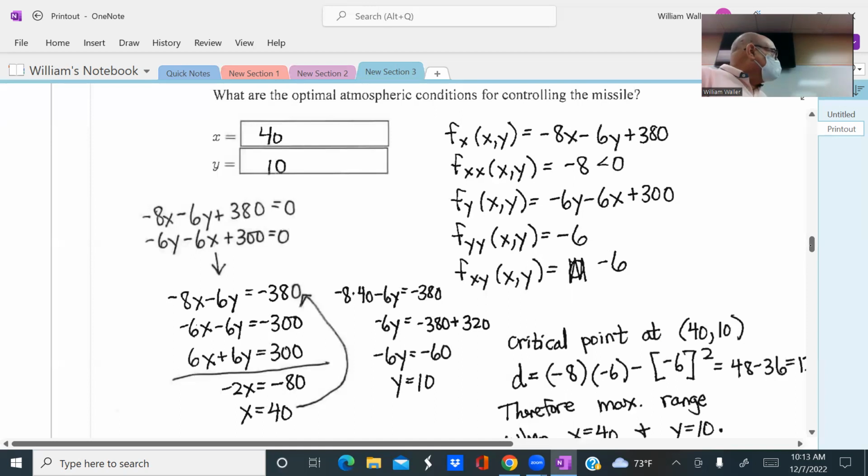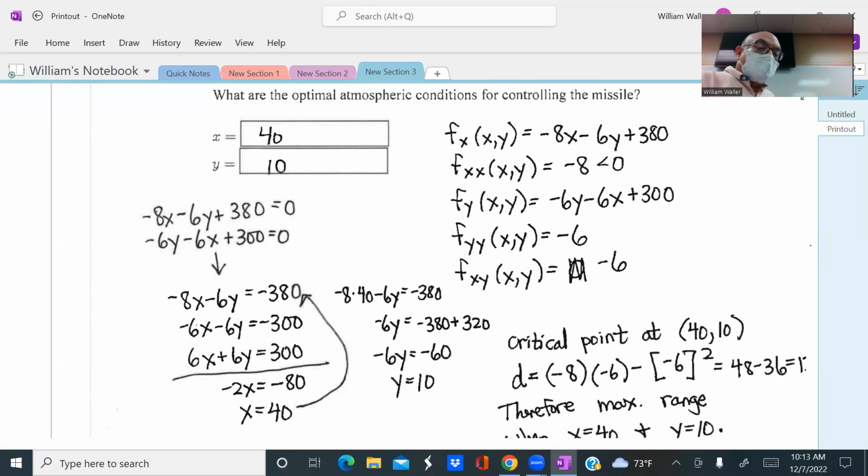So in solving the system of equations, let's see, how do we do that here? I think I took that second equation. Yeah, I took the second equation and well, first I moved the constants in the equations to the right-hand side, okay?